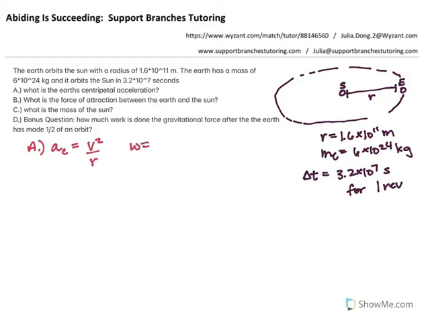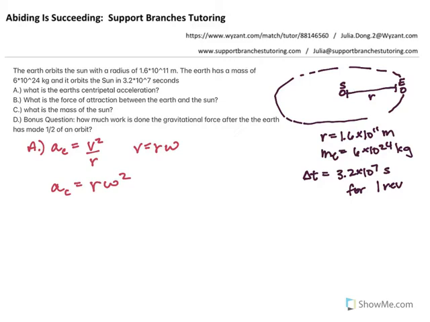So angular velocity is how fast something is spinning, or how fast this Earth is going around the Sun. And the velocity equals the radius times the angular velocity. So if we substitute that into our acceleration, we get the radius times the angular velocity squared. So these equations are equivalent. We can use either one depending on what we know.